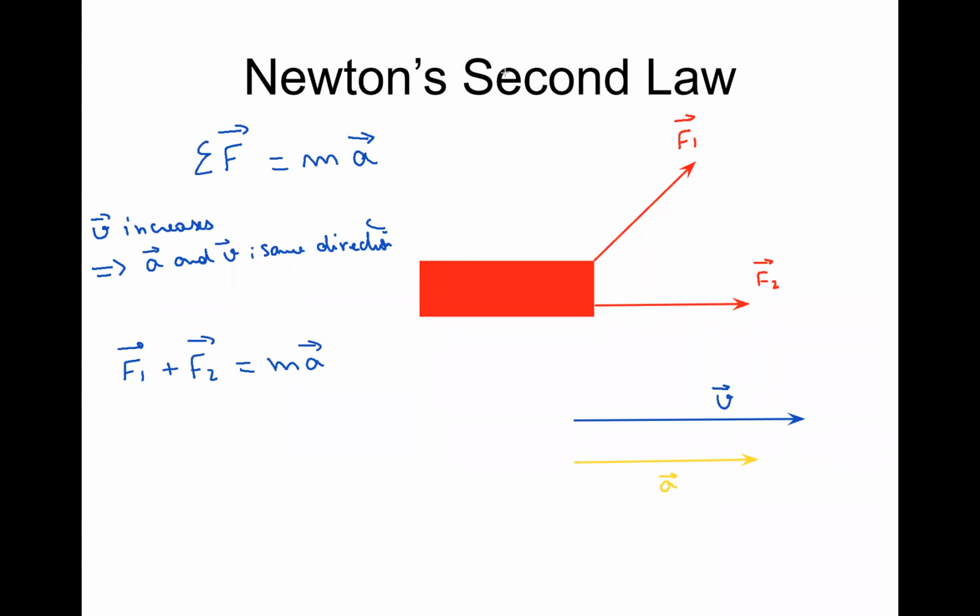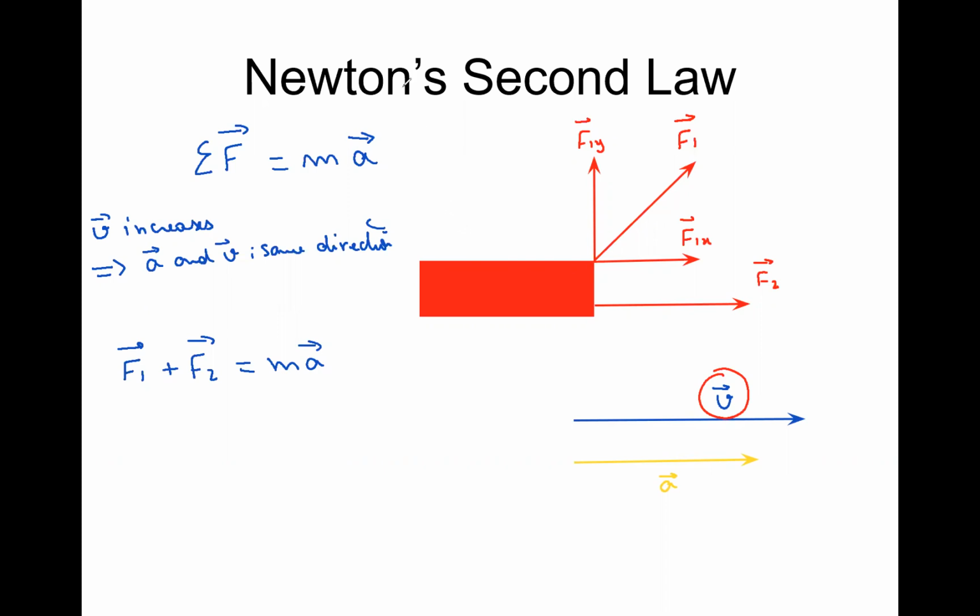For F1, we have F1x and F1y, and F2 has only an x component. Here we have F1y, and here F1x. And you know that the motion must be in the direction of V, and we can say V must be in the direction of the motion. Okay?